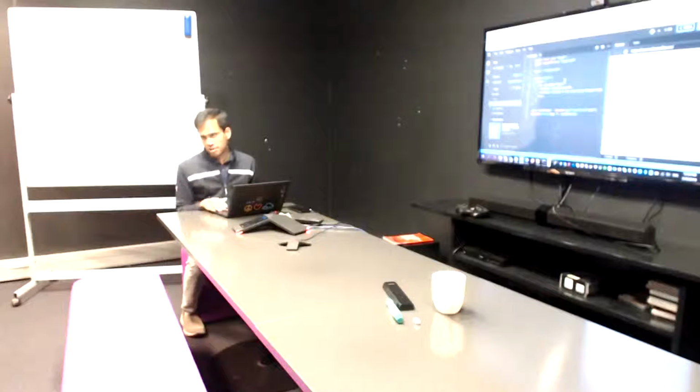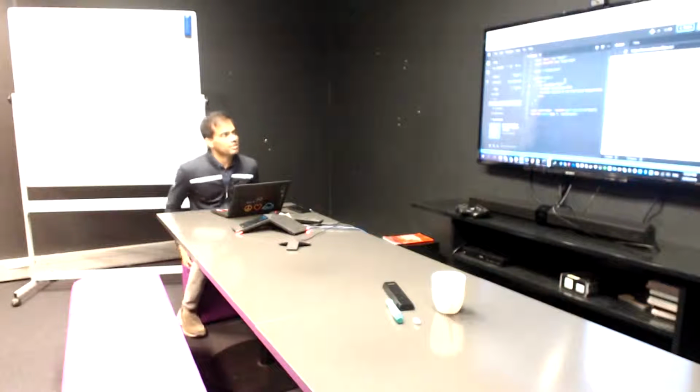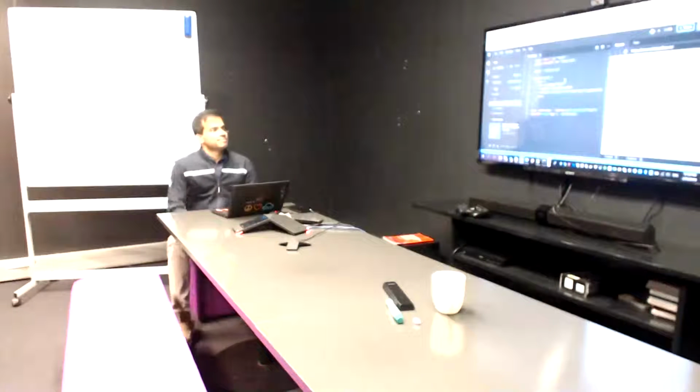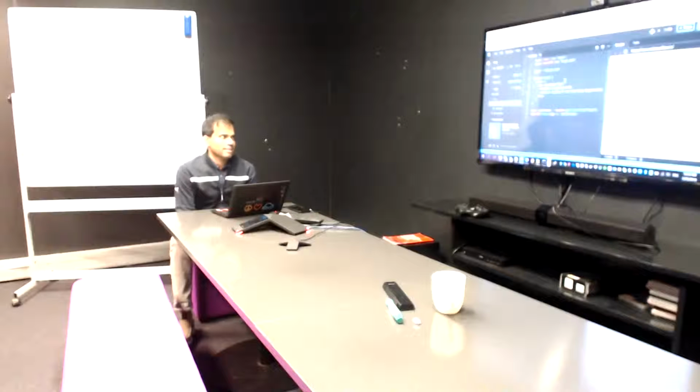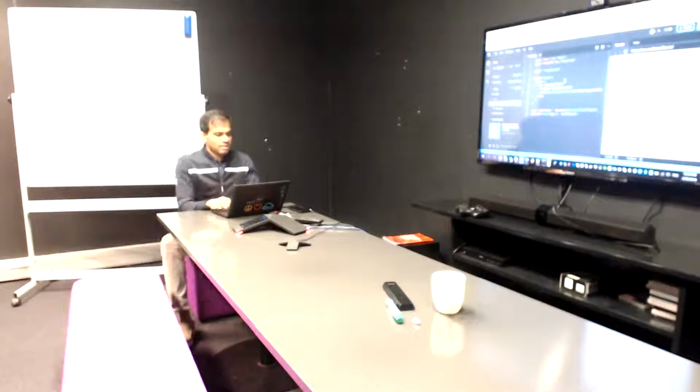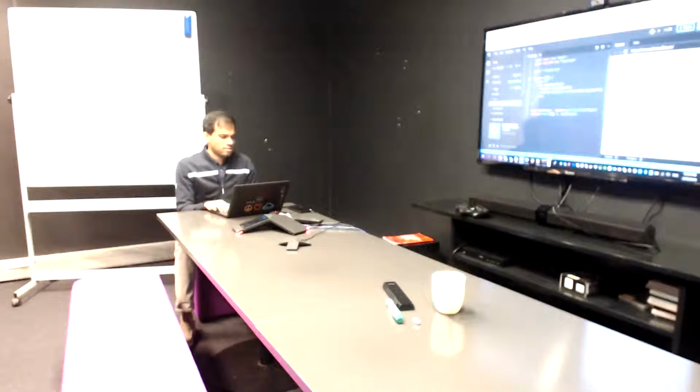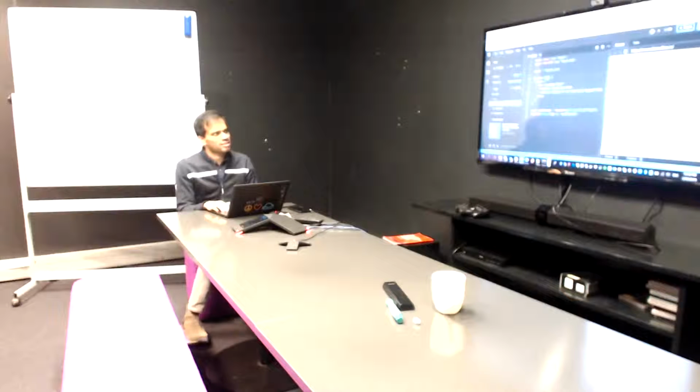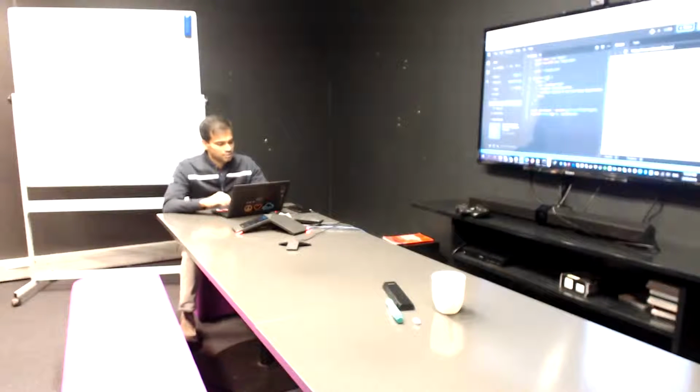What is the basic building block? It is essentially components. And how do we create components in React? Ideally the answer should be one way, but we have two ways. One is the functional component, which is more performant. But the original way was to do it through a class component.